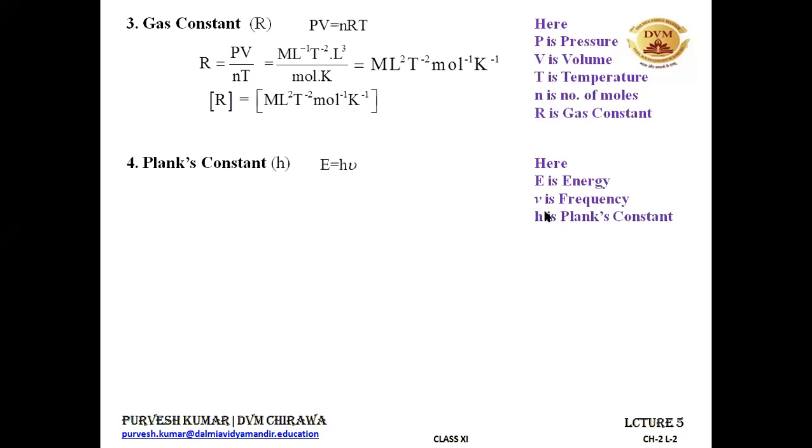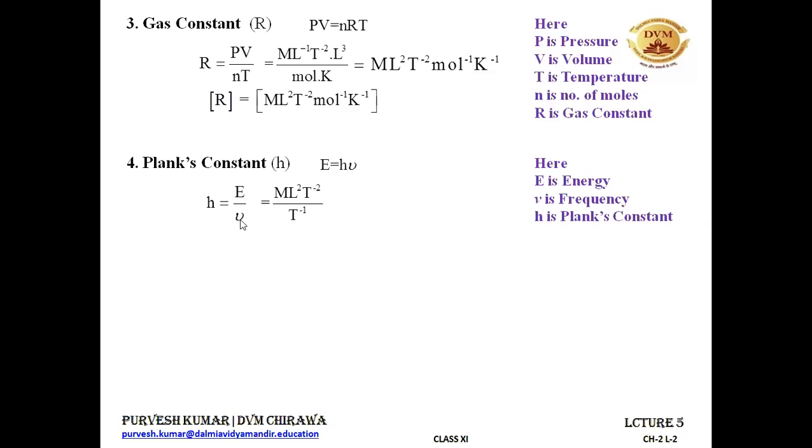So here I have written it. E is energy, nu is frequency, and h is Planck's constant. We need to find the dimensional formula for Planck's constant. So write it in terms of h. h is equal to E by nu. Take this nu in the denominator to the other side and h towards one side. Then write the dimensional formula for E and nu. The dimensional formula for E is M L2 T minus 2. Energy and work have the same dimensional formula.